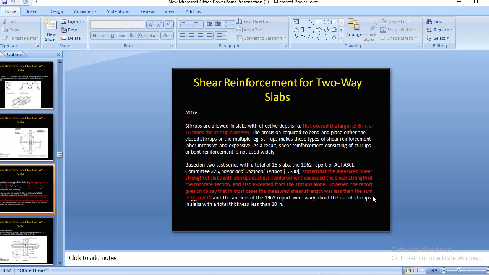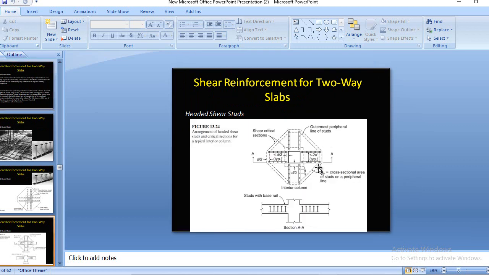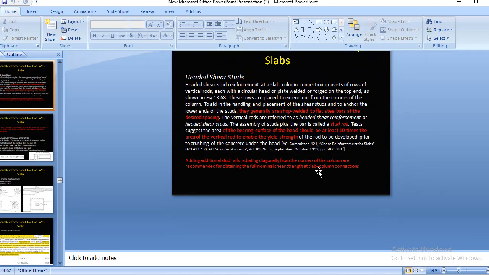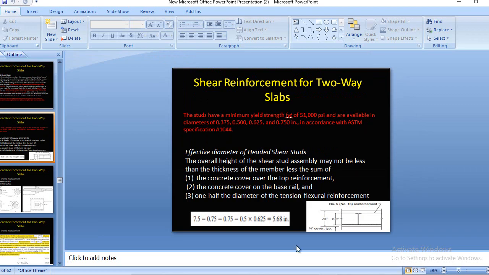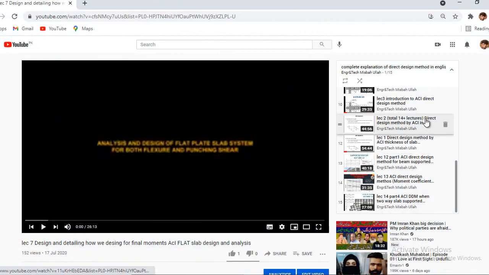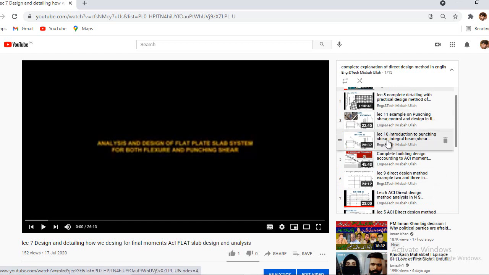I already explained some part of this in my other lectures, which I uploaded to the playlist on the direct design method. These two lectures are devoted to punching shear design.